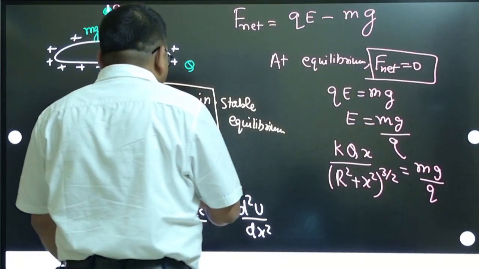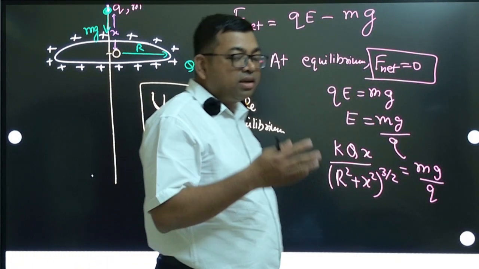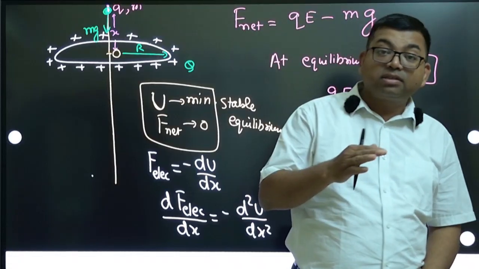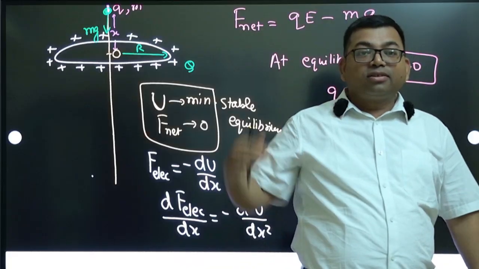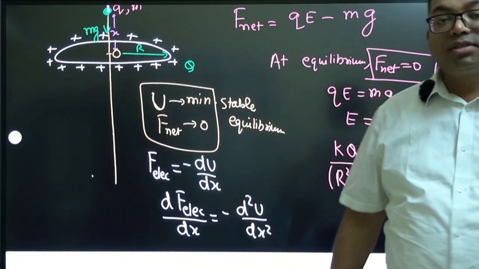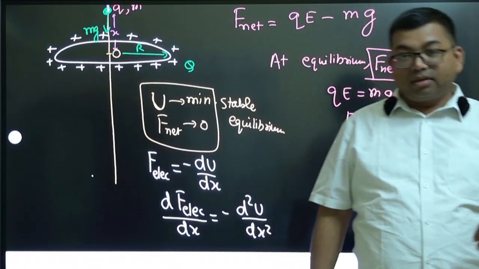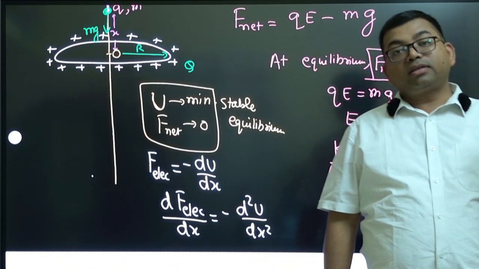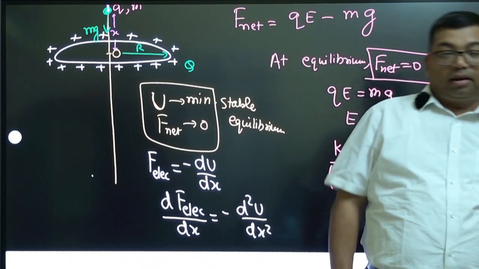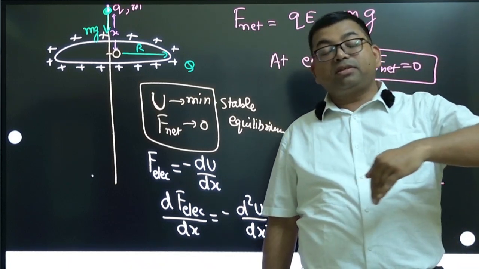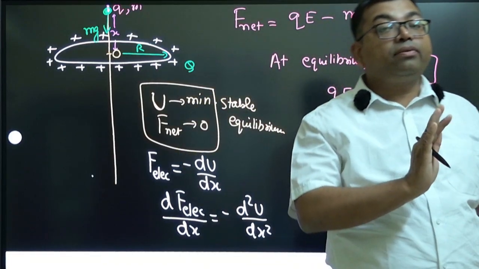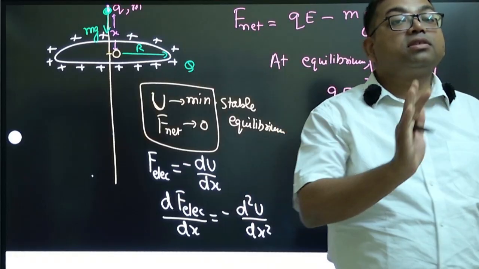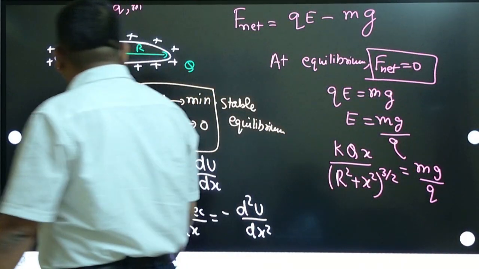Okay, so let's see. Single differentiation means slope, double differentiation means shape. Concave, convex, right? You have studied that. For maxima you take the convex shape, and at convex shape double differentiation is negative, and minima means concave shape. Their double differentiation is positive, right?